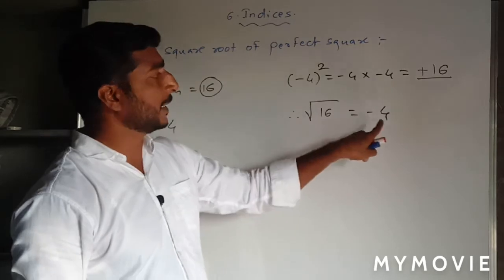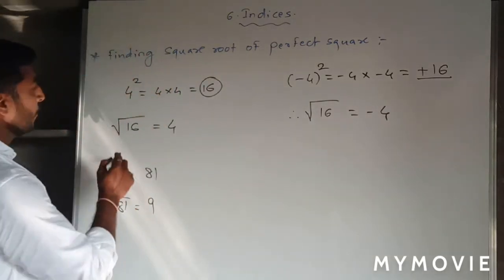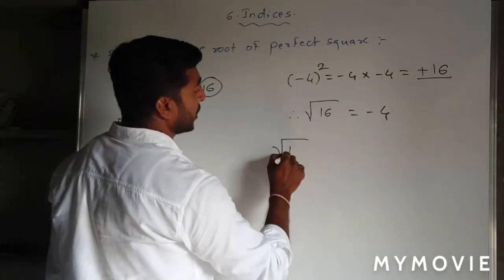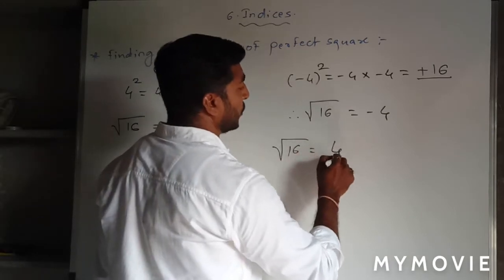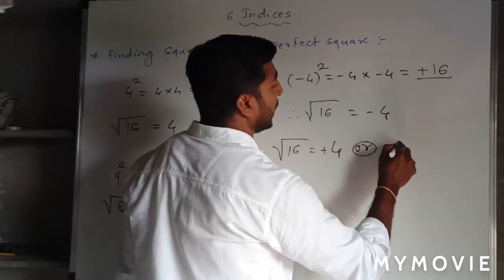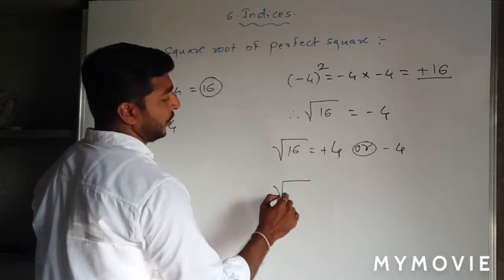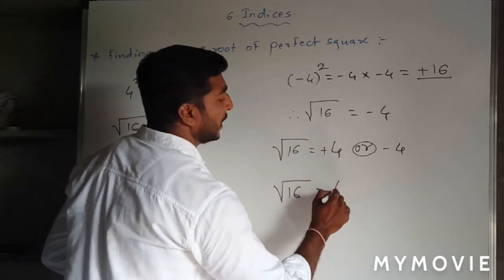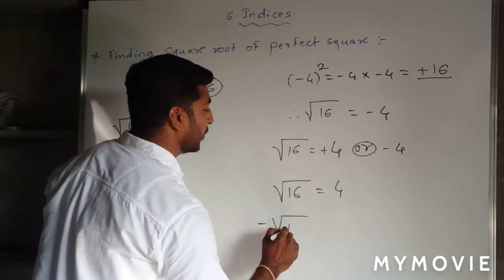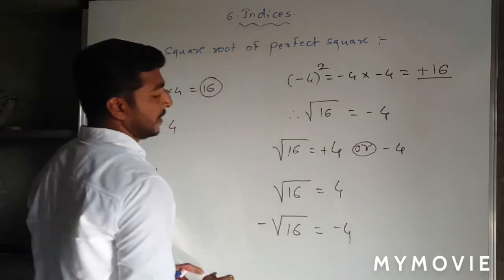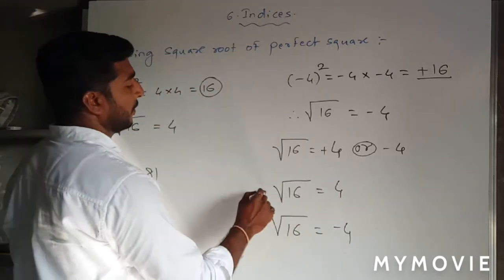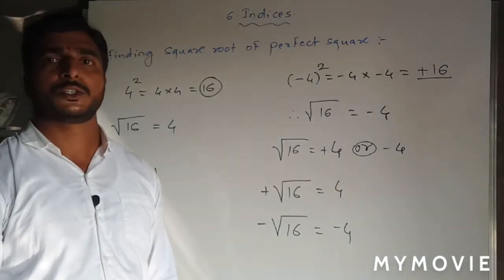So the square root of 16 can be minus 4. So for the square root of 16 you have two values, plus 4 or minus 4. Whenever there is a positive square root, you take the square root of 16 as 4, and if there is a negative square root, then you will take minus 4. So in two different manners you can show it.